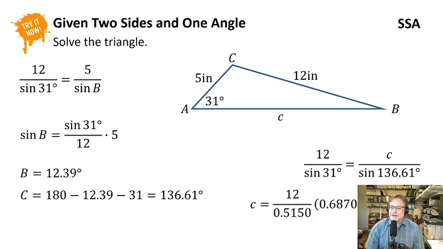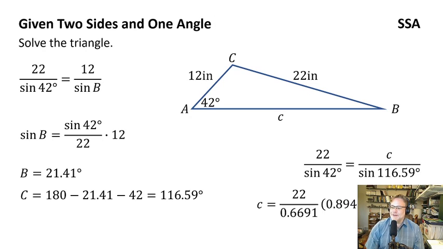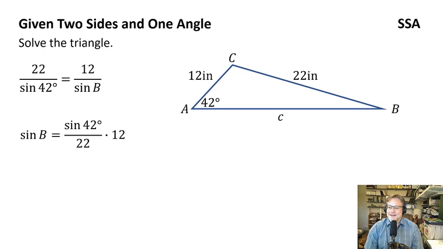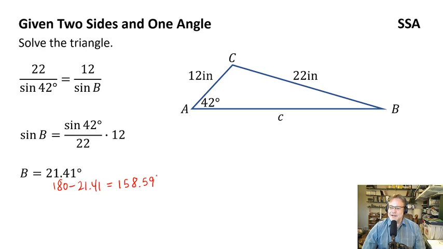With this one here, as an example, let me back up even farther here and show this to you. With this one here, we had sine of B being equal to this divided by this times this. And we got 21.41 degrees as one possibility. All right, so that's quadrant 1. Quadrant 2 would have been 180 degrees minus 21.41, which would have been 158.59 degrees.